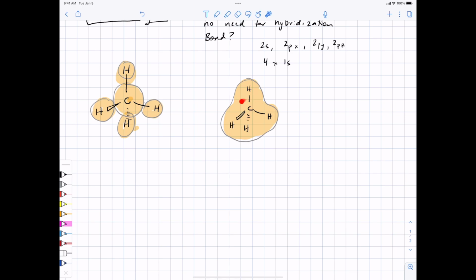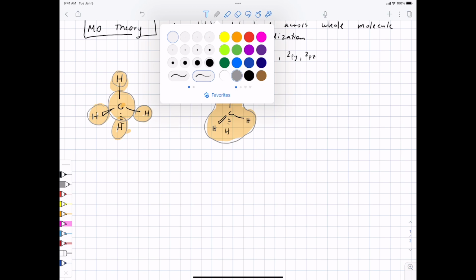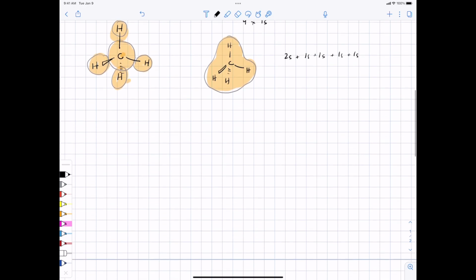So even though it's just one electron pair, it would tend to pull the nuclei together. This is basically what you get from the combination of the 2s with the four 1s orbitals on hydrogen. Okay, so that's pretty straightforward. Now, how are we going to deal with the p orbitals?